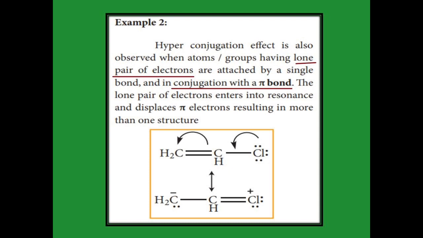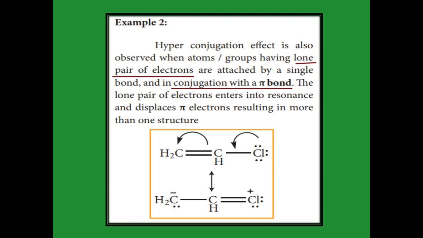In this example 2, lone pair electrons that are in conjugation with the pi bond, that is, adjacent to the pi bond. See the example. Here the chlorine contains 3 lone pairs of electrons. One of those lone pairs is given to the first carbon, between the first carbon and chlorine. Now it becomes a double bond, and the double bond between the CH and CH2 moves towards the CH2 carbon.